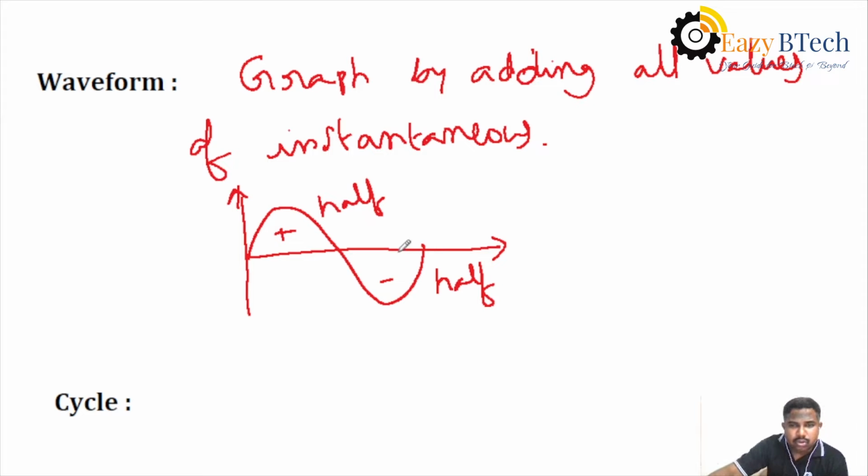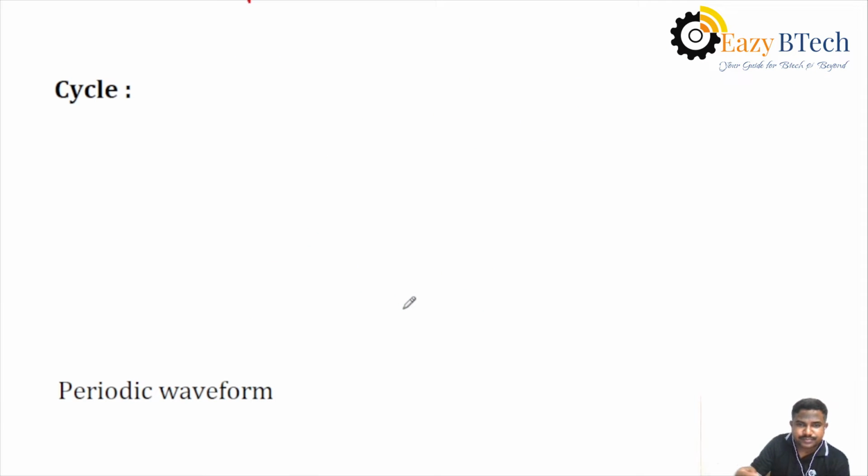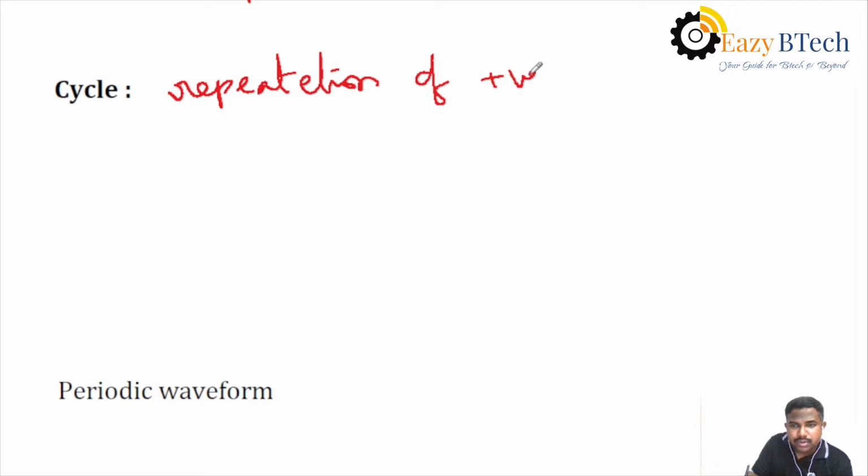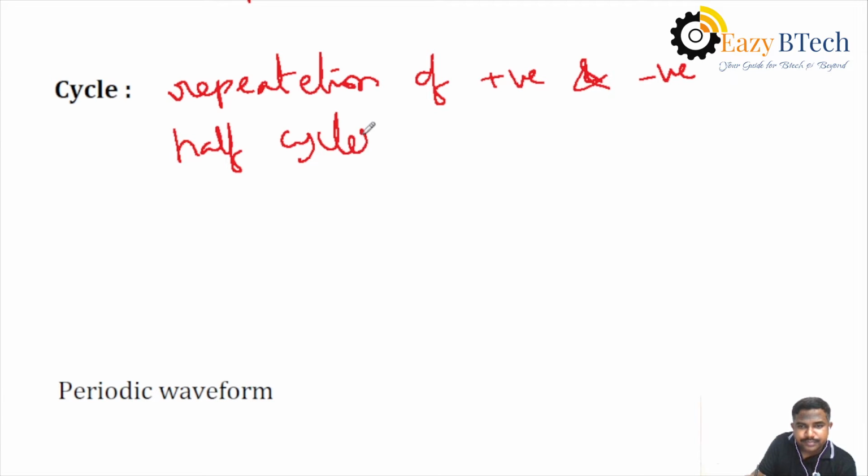Then what is meant by a cycle? A cycle means a continuous repetition of positive and negative half cycles.